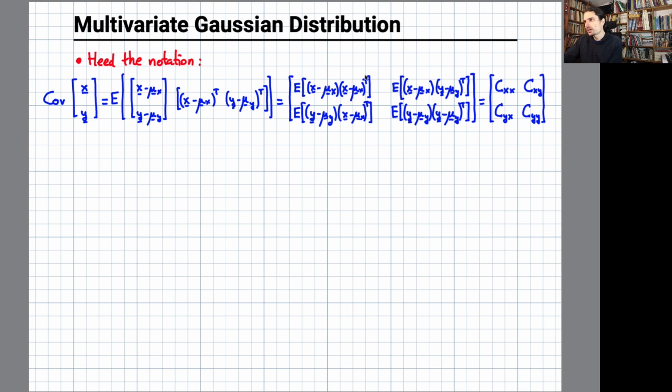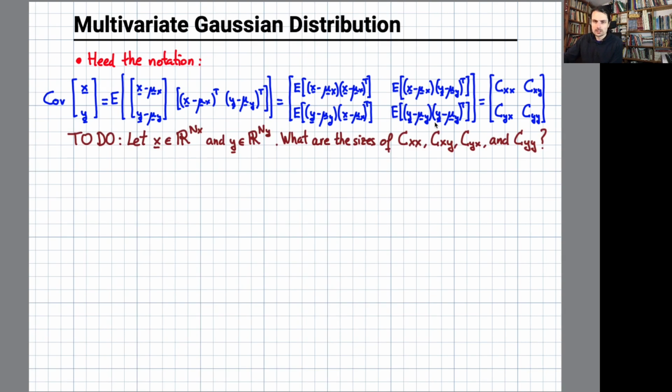Where now we can identify that the top left block is just the covariance of x. This top right block is the covariance of x and y, and so on. Okay. As a very simple exercise, you may try to say what are the sizes of these four matrices when x is of dimension nx and y is of dimension ny.